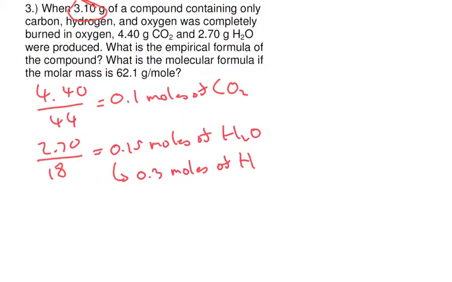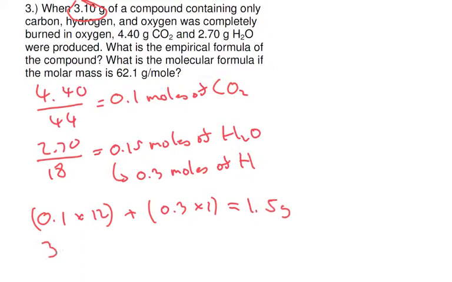Now 0.1 times the mass of carbon, which is 12, plus 0.3 times 1. This is going to tell us the mass of everything we've got so far, which is 1.5 grams. Now we've got 3.1 grams.